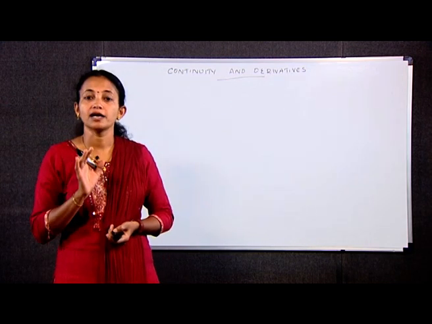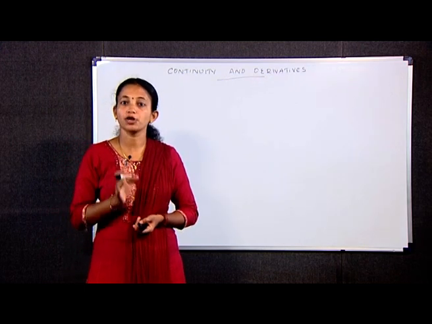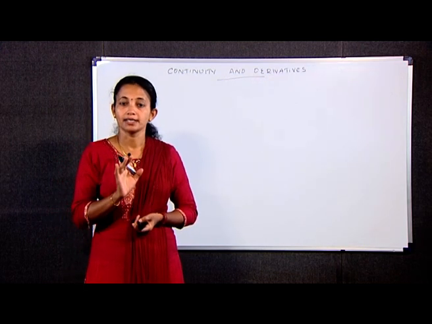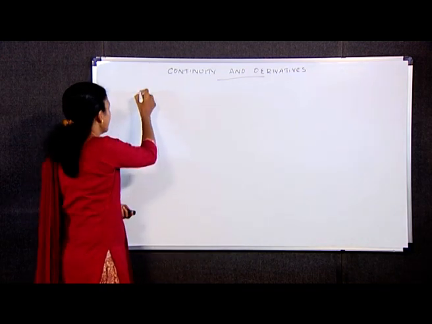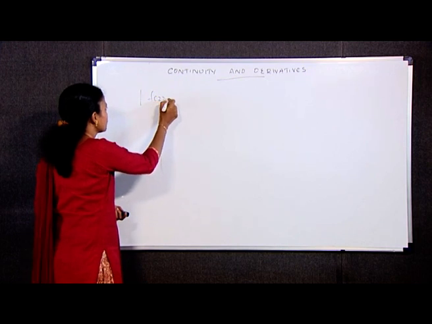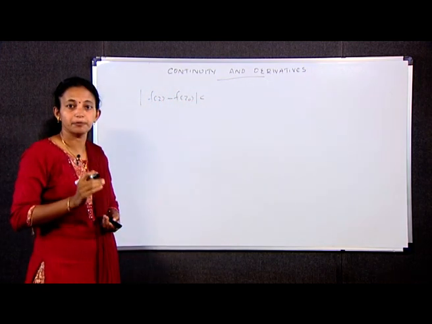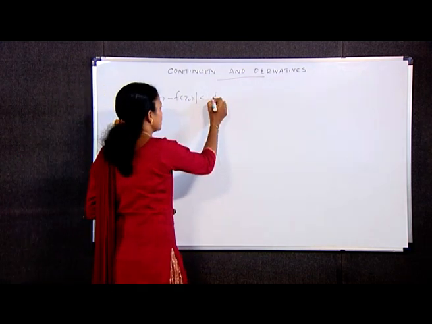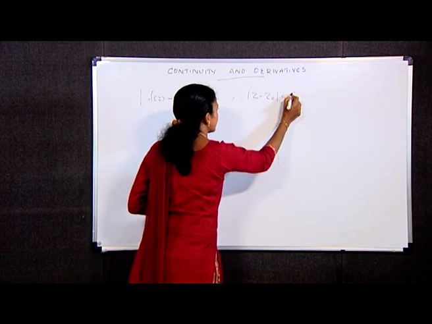First, assume that f(z) is continuous at point z₀. Then, corresponding to any given epsilon, there exists a delta greater than 0 such that |f(z) − f(z₀)| is less than epsilon whenever |z − z₀| is less than delta.